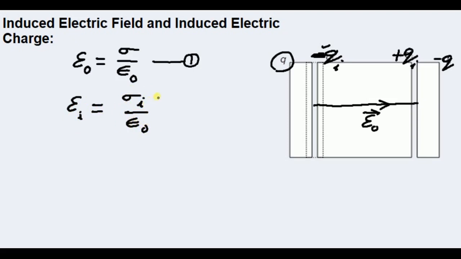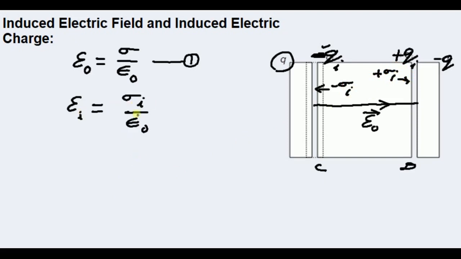Here sigma is the free surface charge density on the plate, and sigma I is the induced charge density at surfaces C and D. Here the value of the density will be negative, so we will write minus sigma I here, and plus sigma I is here.